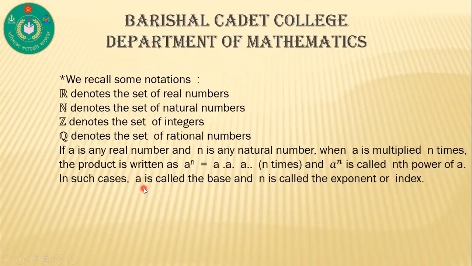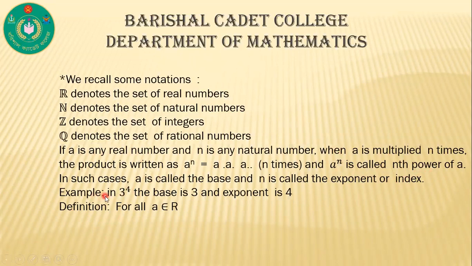In such case, a is called the base and n is called the exponent or index. Example, in 3 to the power 4, the base is 3 and 4 is the exponent.